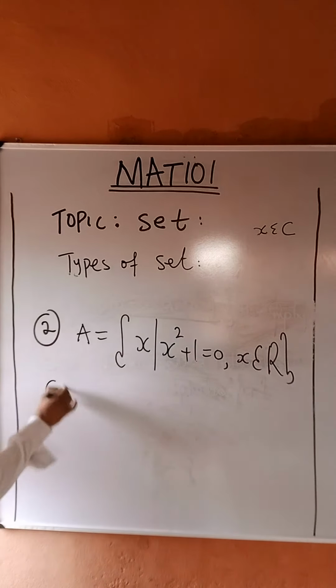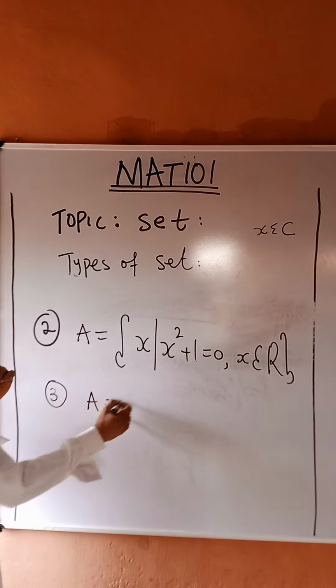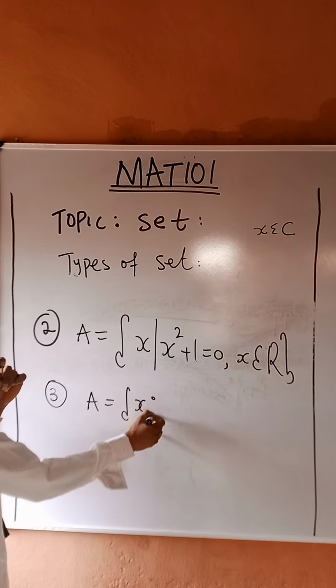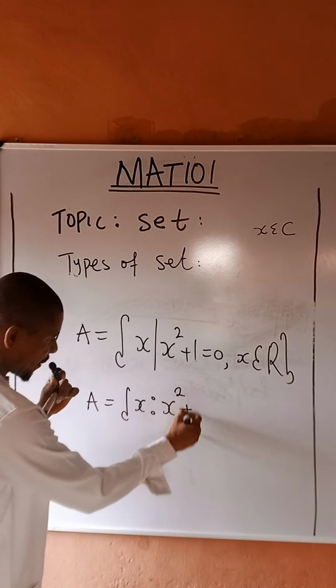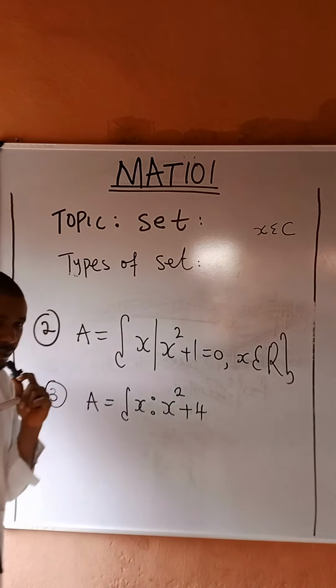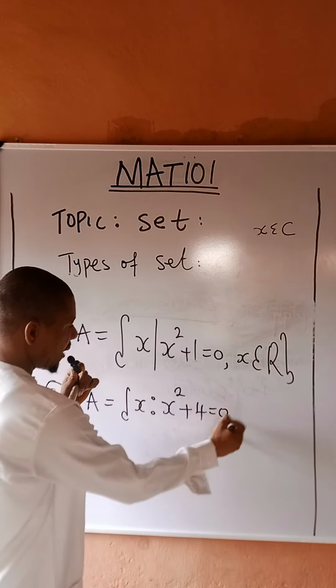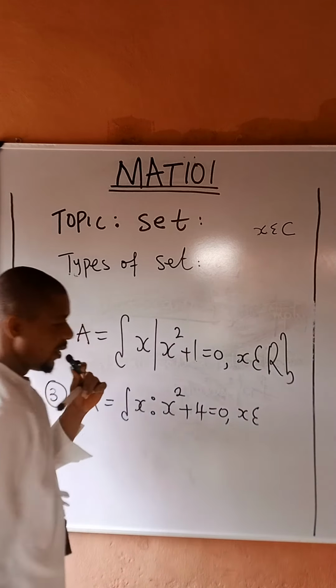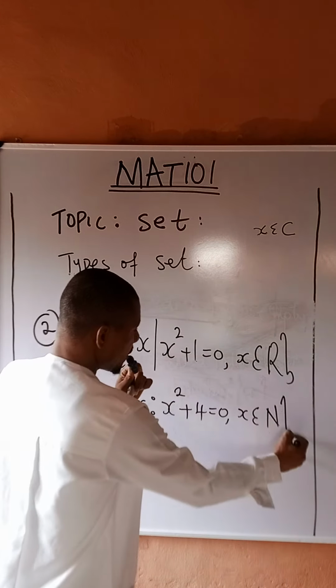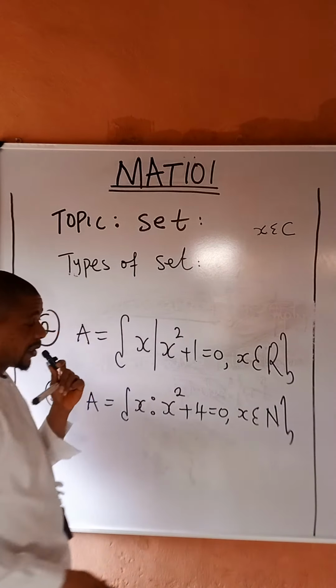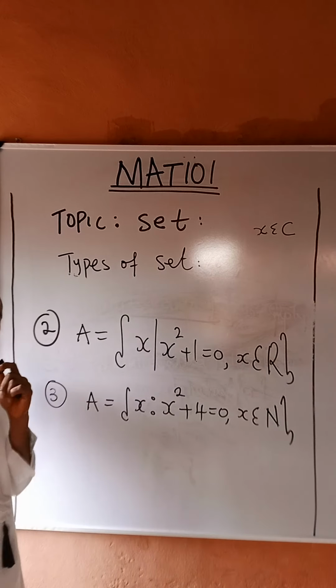There are some other examples of an empty set, such that if I have something that looks like this, a set of x such that x squared plus 4 is equal to 0, and they say that x is an element of, even if I say it is a set of natural numbers, or a set of real numbers, it's still an empty set.